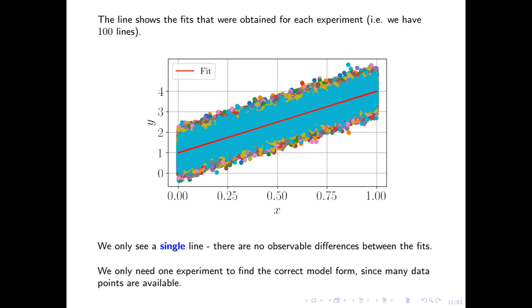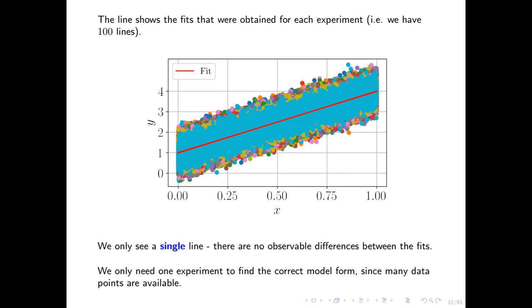There are 100 lines, but we get one line out from that, because each model that we get from the experiment looks exactly the same. So we have enough data in this case to obtain the model. We only need to perform one experiment to get the exact line, the underlying model for us. So there are no observable differences between the lines of the different experiments.